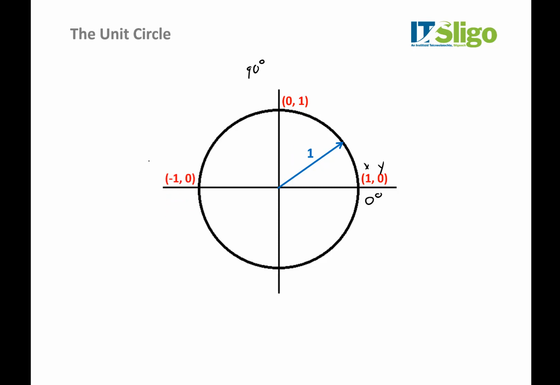At 180 degrees, we're at minus 1, 0. That's the x value, minus 1. The y value is 0. And at 270 degrees, we're at 0, minus 1. Finally then, we actually end up back. When we complete the circle, 360 degrees and 0 degrees are kind of the same thing. You've completed the circle and we're starting again.